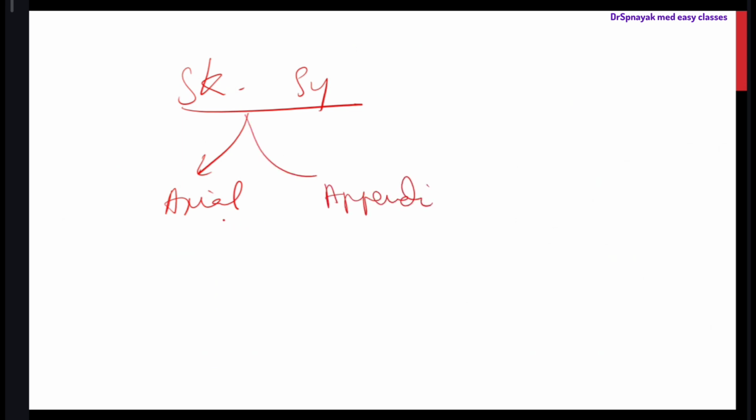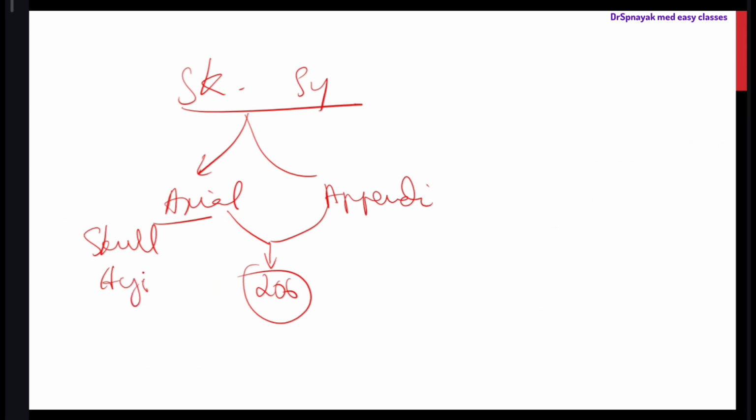The axial skeletal and appendicular skeletal systems together form 206 bones. In the axial skeleton, we have the bones of the skull, and we have a single bone we call the hyoid bone, which is present in the neck.